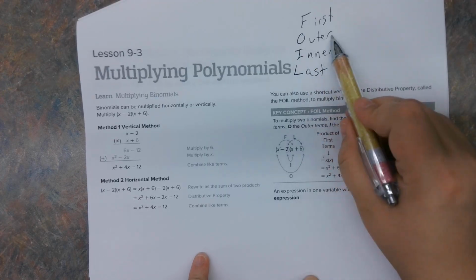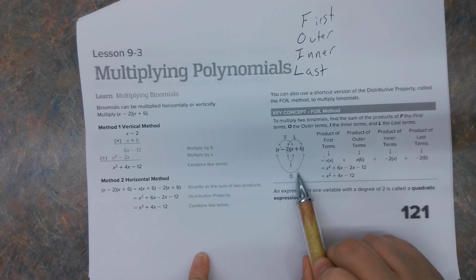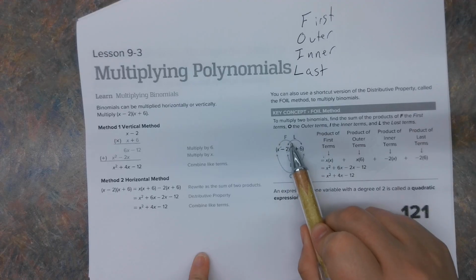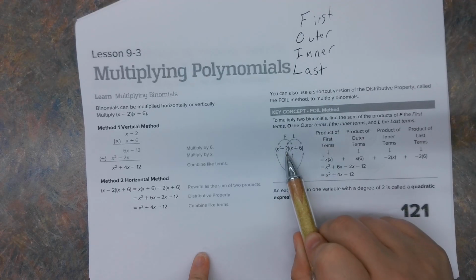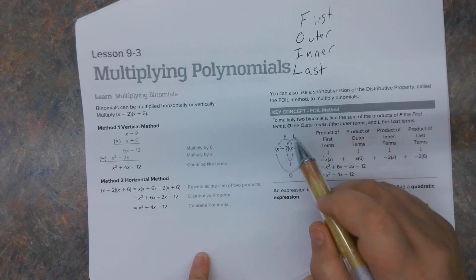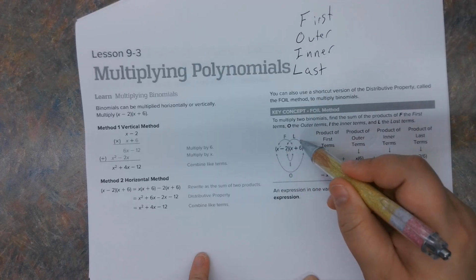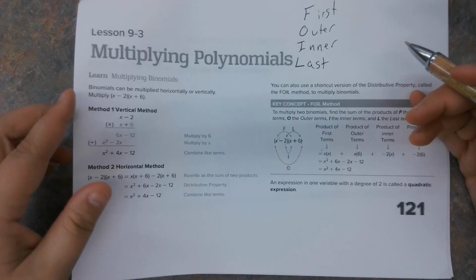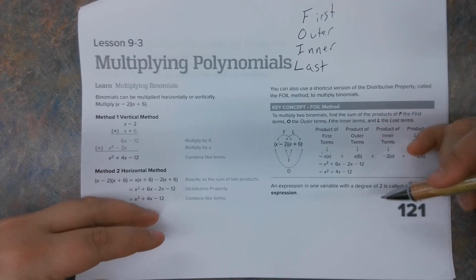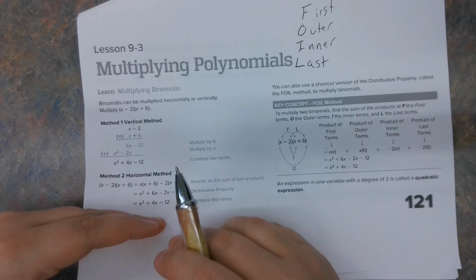Outer, I skipped outer. Outer is the ones on the outside. So first of each, outside of each, inside of each, and then last is the last term times the last term. Okay?